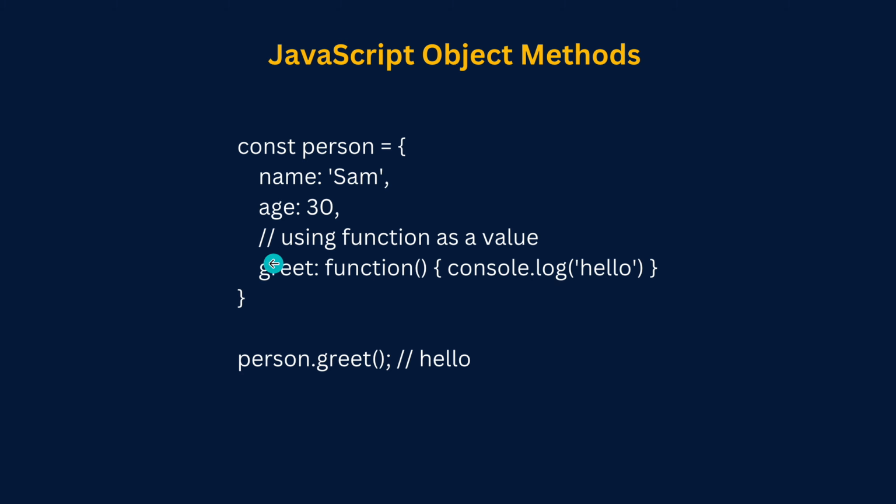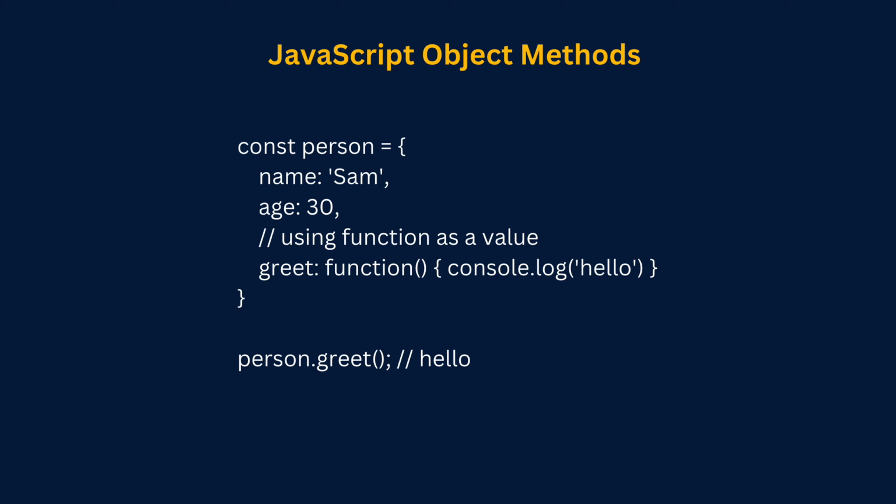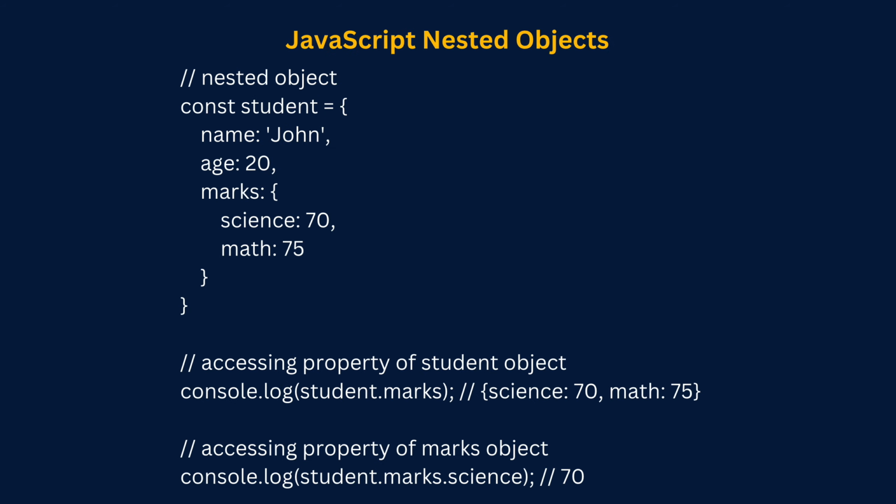Object name dot method name, the function name. So this way you can call it. I think we have covered this. Guys, should I explain with one example, or is it pretty much clear?